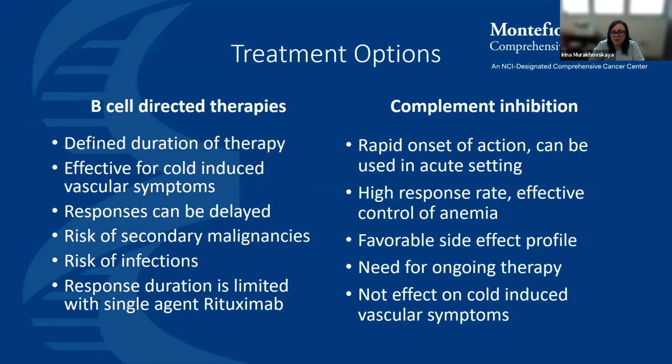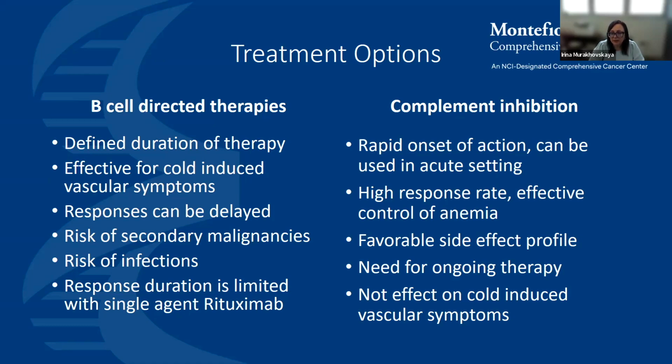Complement inhibition has the advantage of a rapid onset of action, and it can be used and is highly effective in an acute setting, and has even replaced plasmapheresis as initial therapy in some of these patients.